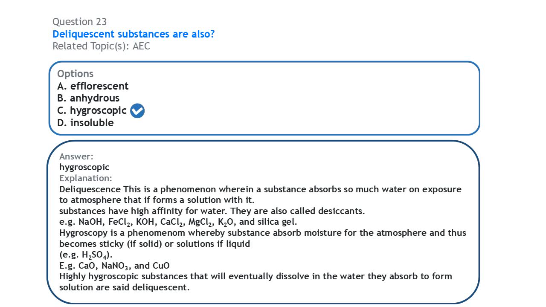Hygroscopy is a similar phenomenon. However, in the case of hygroscopy, the substance does not necessarily form a solution with the water that it absorbs. It just becomes moist or sticky. But some highly hygroscopic substances can eventually dissolve in that water to form a solution, and in that case, we say they are deliquescent.